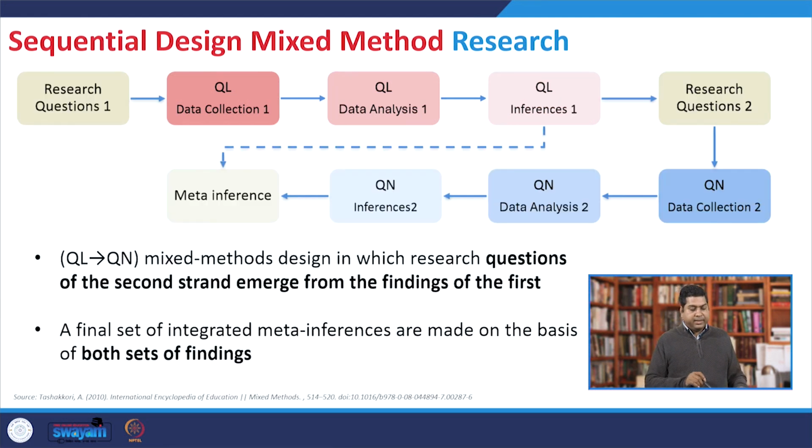Our next design is where you have only one research question, and now we go sequentially. In this case, the first stage is the data collection, which is qualitative in nature. We analyze the data and then bring some inferences.